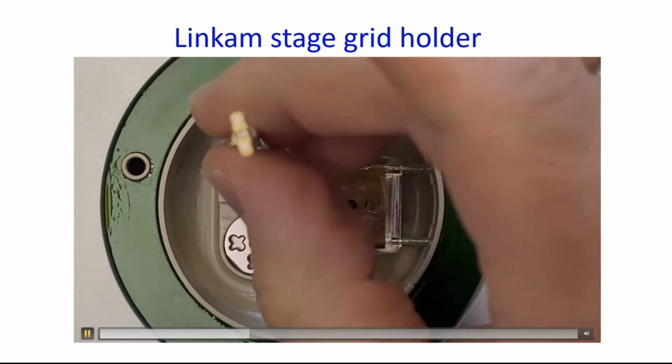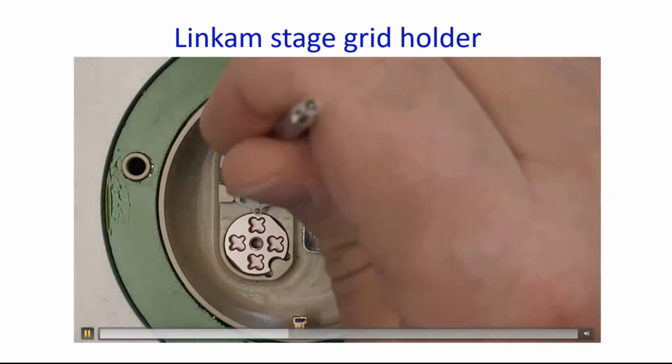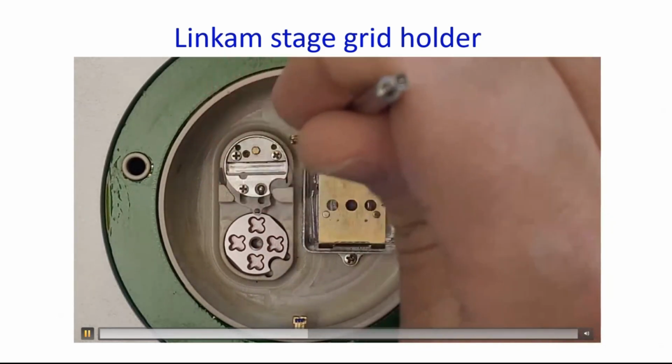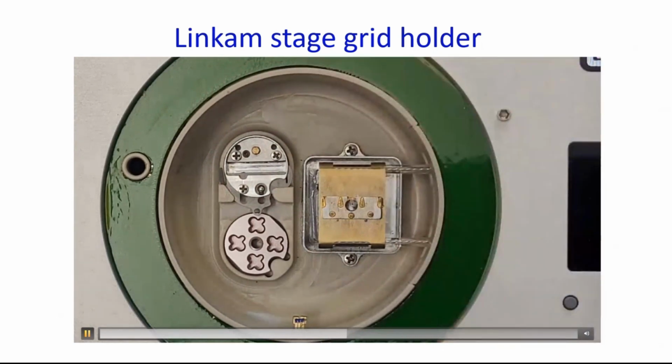And then you tighten it in place so your grid is secure. And you come in with a magnetic transfer tool that lifts your holder up and places it onto the cryo stage. And at this point, your TEM grid is located right here in this location.